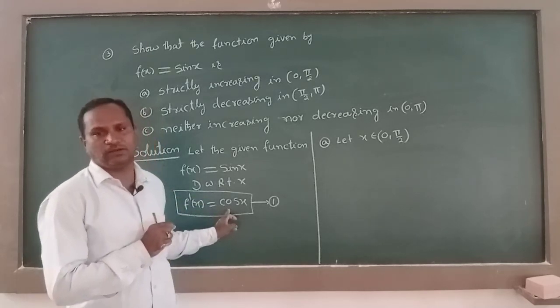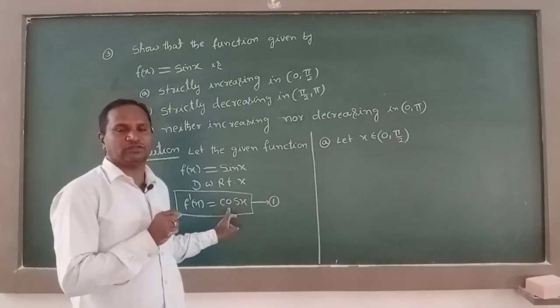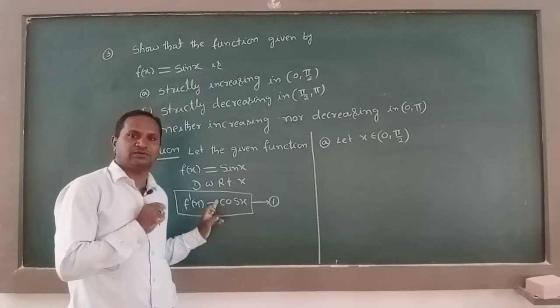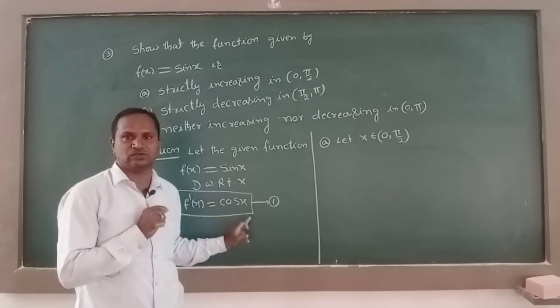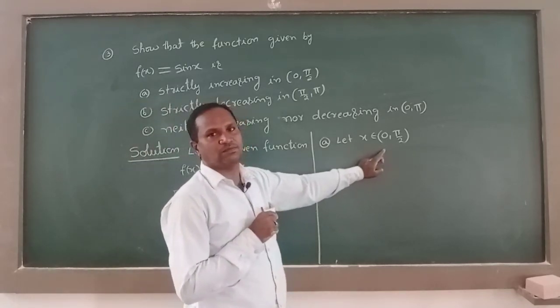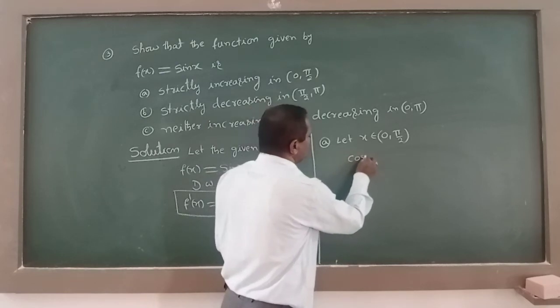We got the derivative f dash of x is equal to cos x. That's why I first took x belongs to 0 comma pi by 2. In this case cos x is always greater than 0.